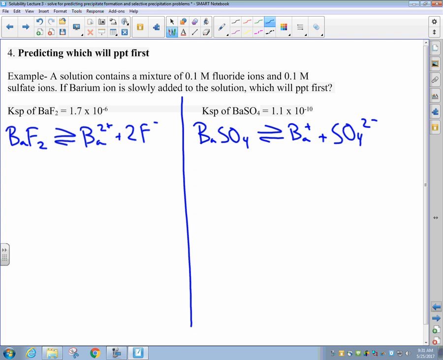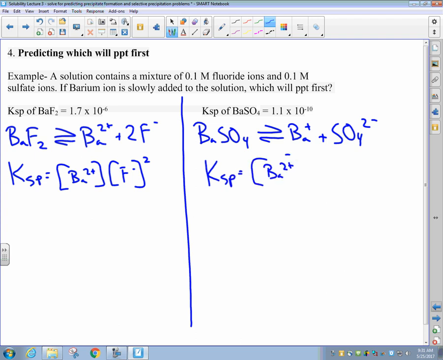I then write my KSP expression for both. KSP is going to equal the concentration of the barium ions times the concentration of the fluoride ions, which needs to be squared. And then over here, we're going to have our KSP expression equals the barium concentration times the sulfate concentration.